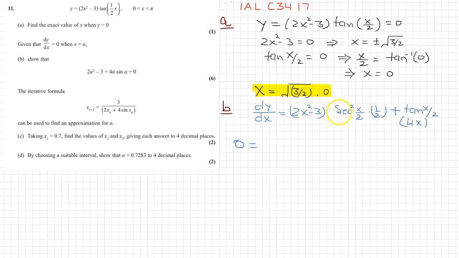So 0 is equal to, let's open it, 2x² sec²(x/2) divided by 2, plus 4x tan(x/2).